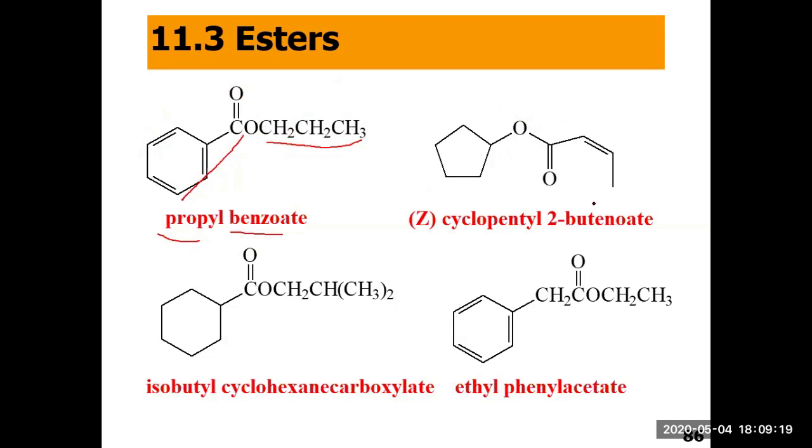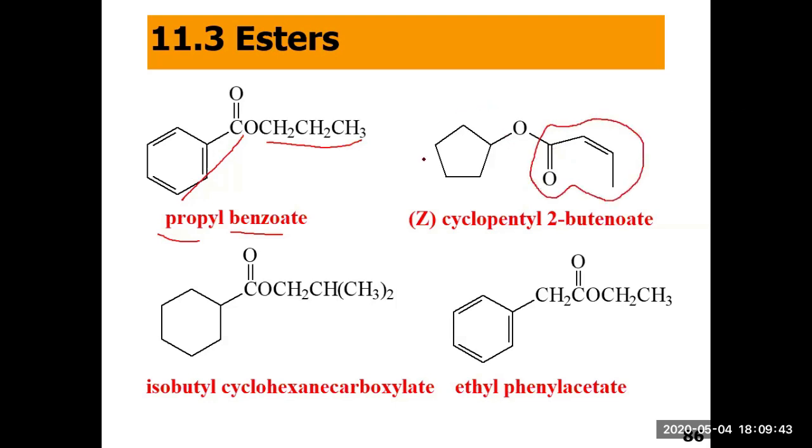Again, this is an ester. So the first thing we have to do here is actually to recognize which one is the alkyl group and which one is the acyl group. It is easy to recognize which one is the acyl group because that is the part of the molecule that contains the carbon double bond oxygen. So this means that this is our acyl group.